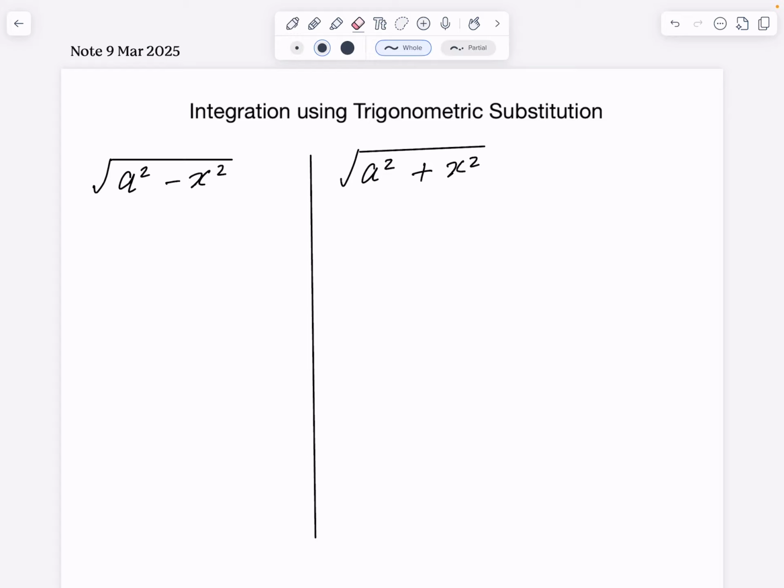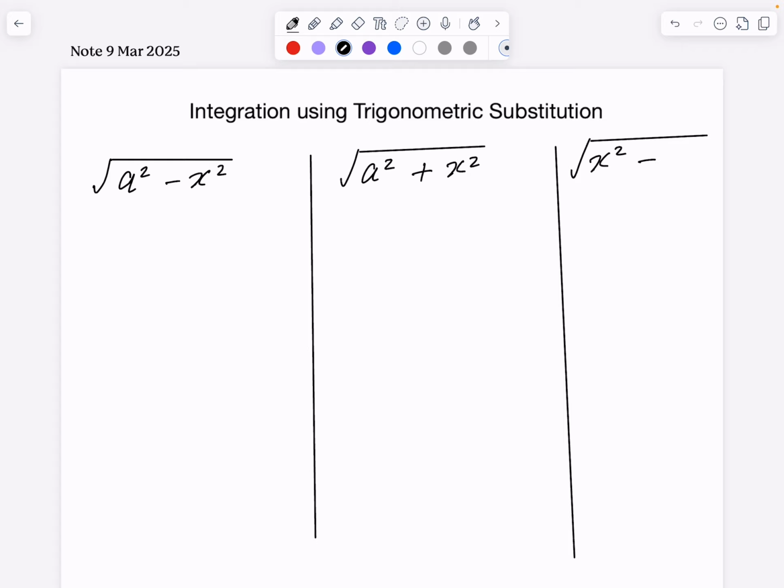And the third one is x squared minus a squared.